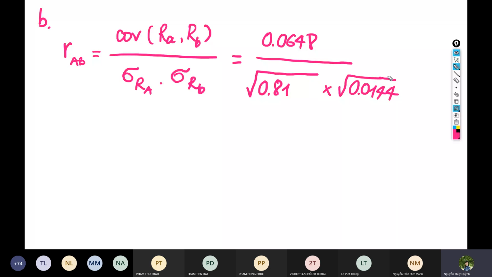Okay, and what is the value? It equals 0.6. So the correlation coefficient between RA and RB here is 0.6.